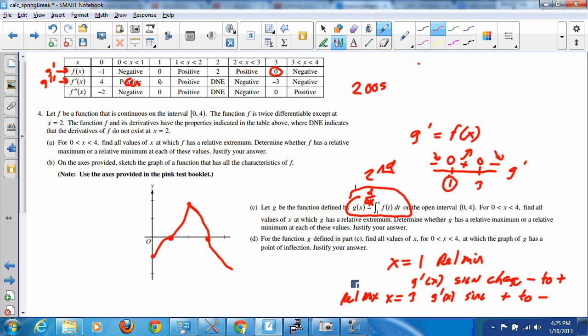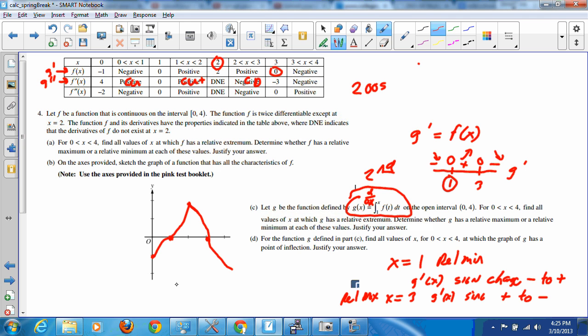We have a 0, so we have a possible point of inflection. But then to the right, it continues its concavity, being concave up. So it does not change concavity here. Okay, at x equals 2, it does not exist, which is a possible point of inflection. So we go from concave up or positive to negative, concave down. So it looks like at x equals 2, we have a point of inflection.